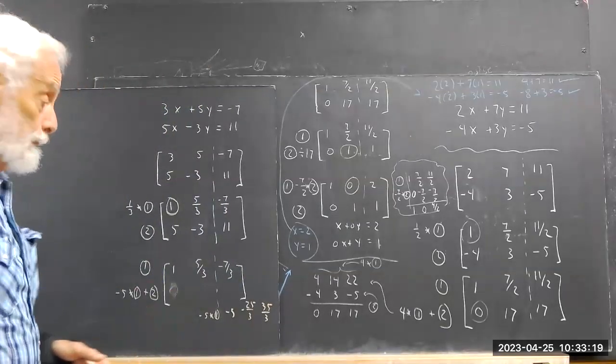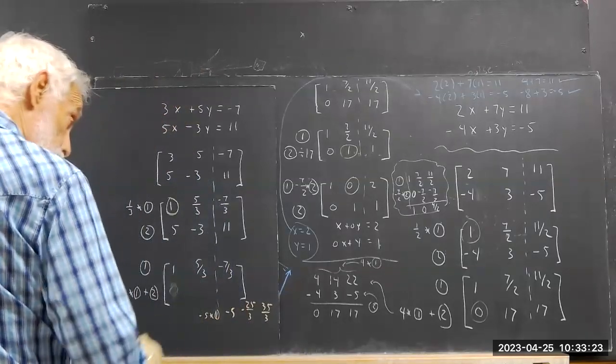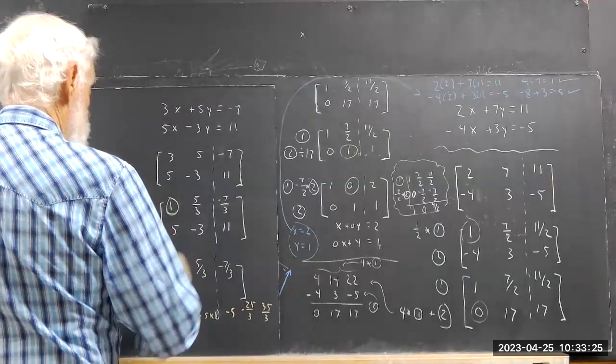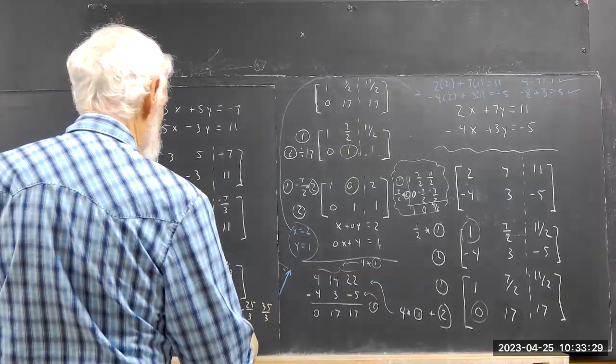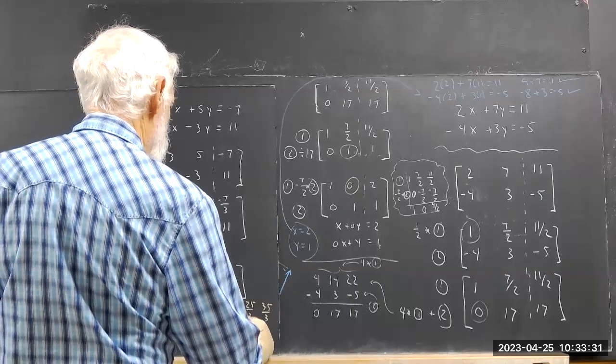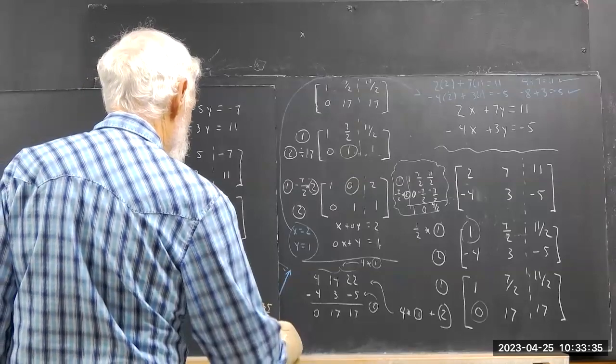What I really want to see, though, is row 2 from the previous matrix. That's going to be 5, -3, 11.